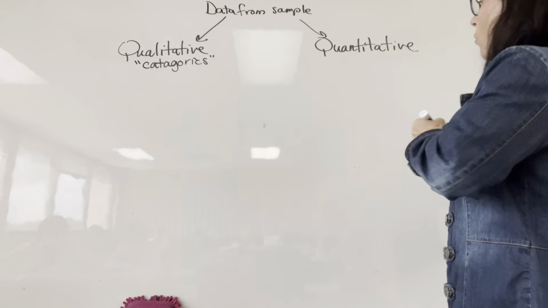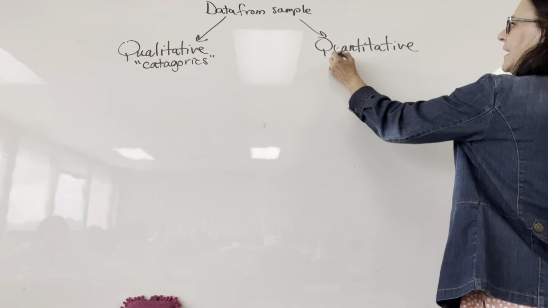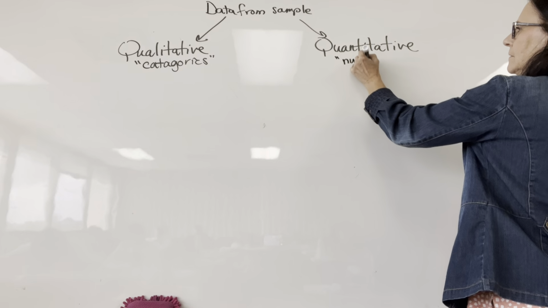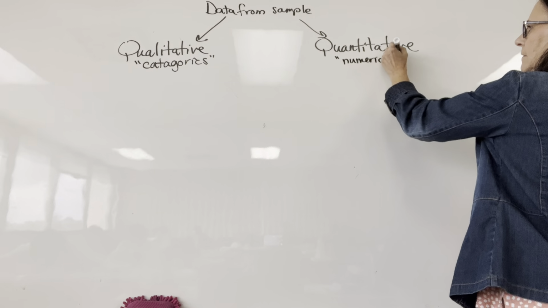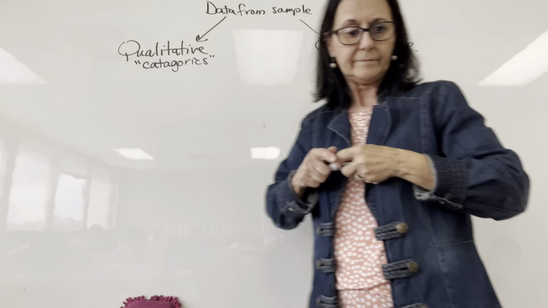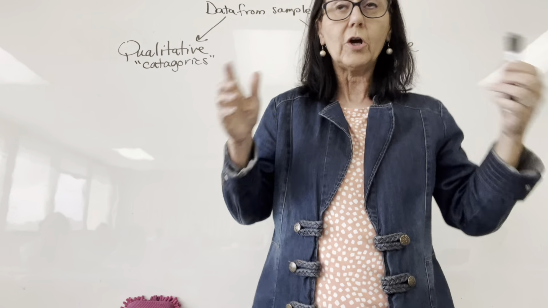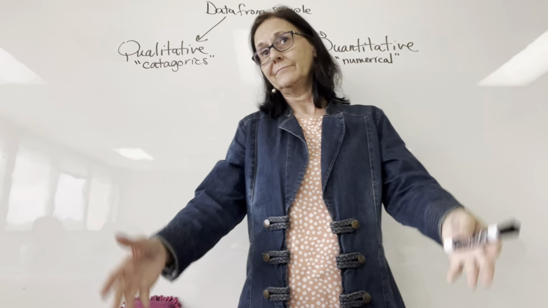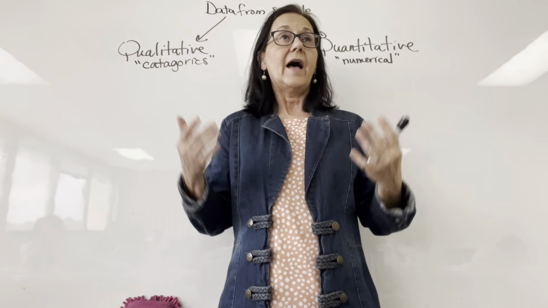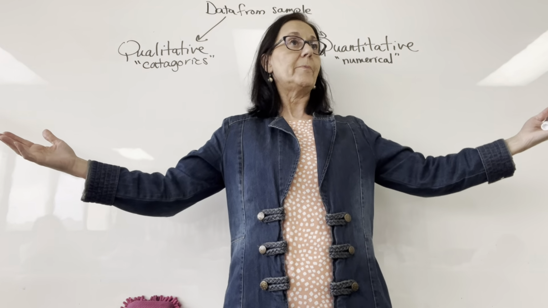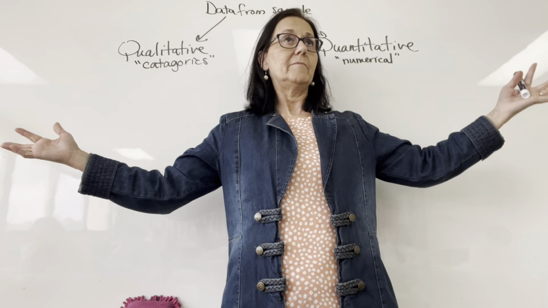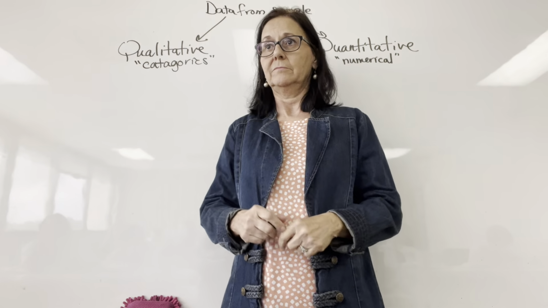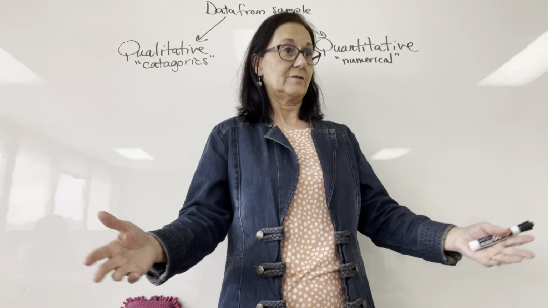With quantitative, it's numerical. We're really looking at numbers, like the age of people, the median age of people at Sequitur. Like we're looking at numbers, okay?